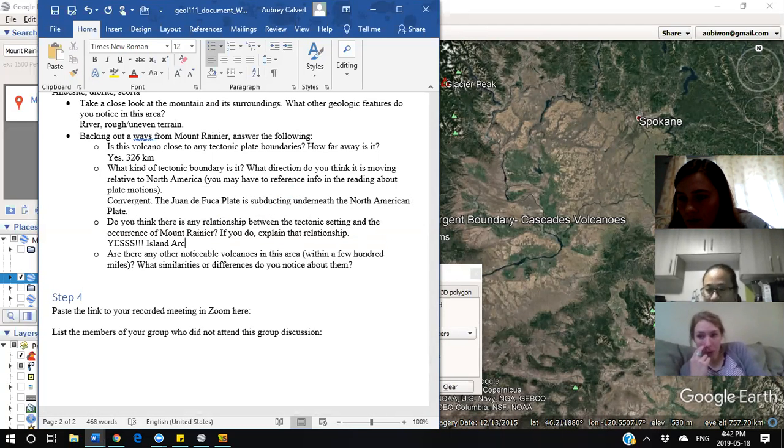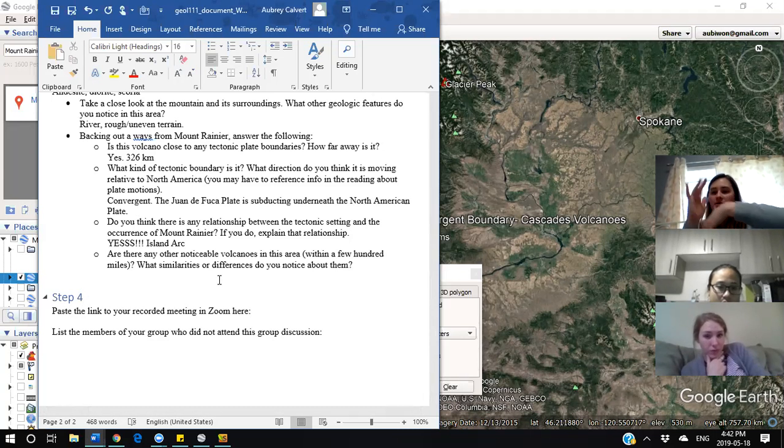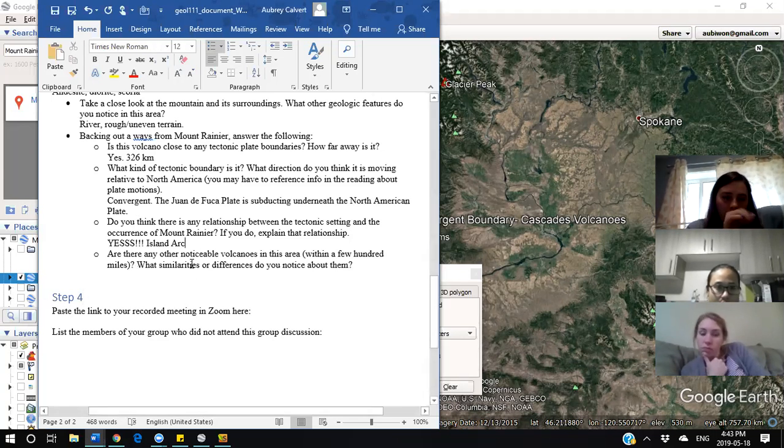Oh my gosh, I can't spell. But you get what I mean, right? Because it's subducting, volcanoes are forming on the continental plate. Yeah, it's formed by subduction. Okay, I can type that in.